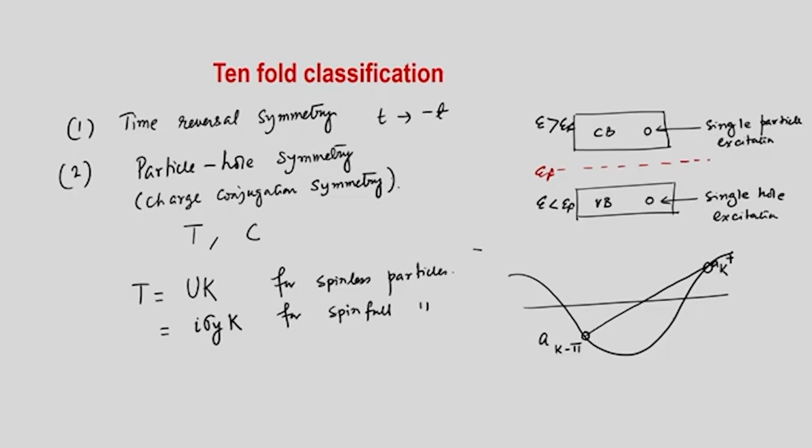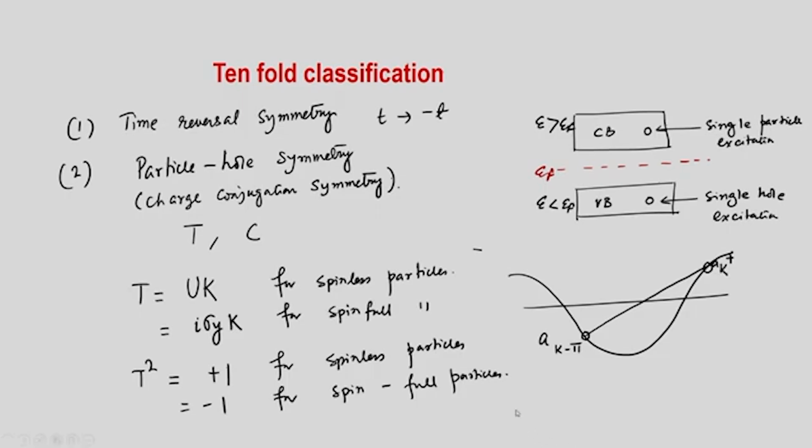So now this T squared is equal to +1 for spinless particles, and so on. I'm just trying to remind you of all the properties that we have done, and this is equal to -1 for spinful particles. Similarly, P also has this, so P squared is equal to +1 and -1 as well.